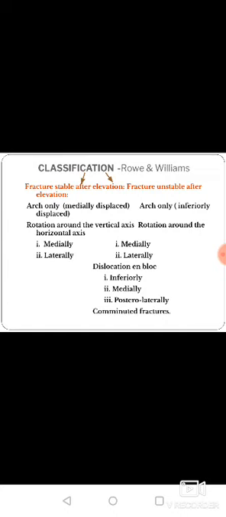So just based upon the axis, we try to classify whether it is medially rotated or laterally rotated, or inwardly displaced or outwardly displaced. If it is vertical, it is usually inward or outward, or medially. If it is horizontal, it is medially and laterally displaced. Anyway, you just have to mention that from your exam point of view.